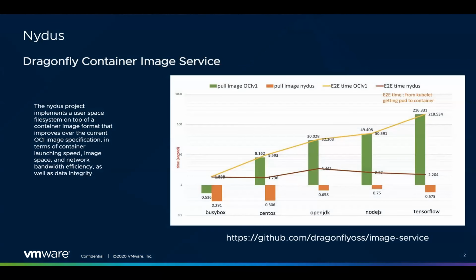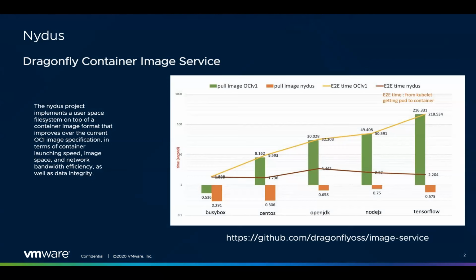So what is Nidus? The Nidus project implements a user space file system on top of container image format and does some improvements like launching speed, image space, and network bandwidth.